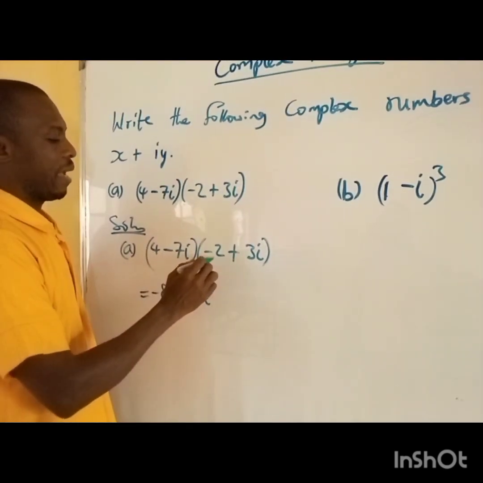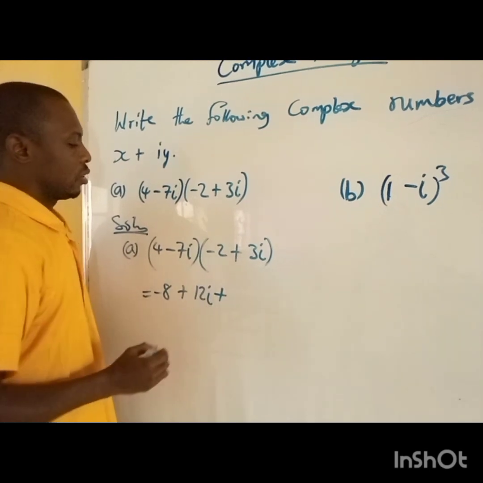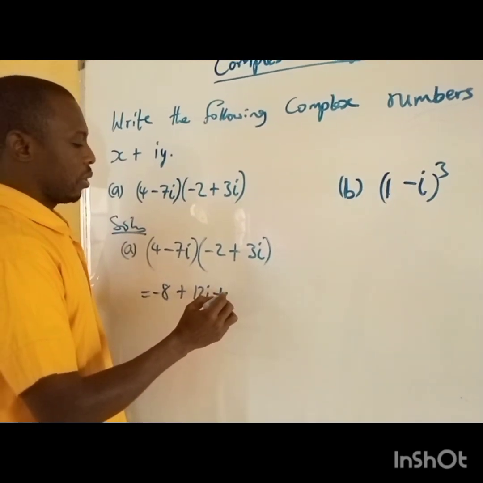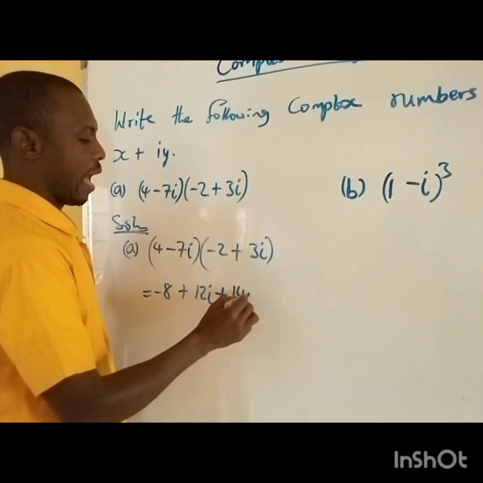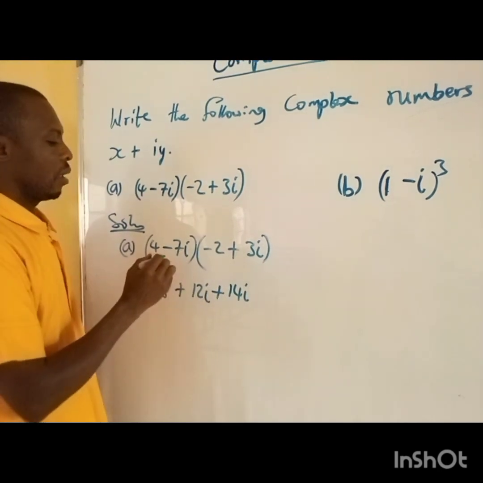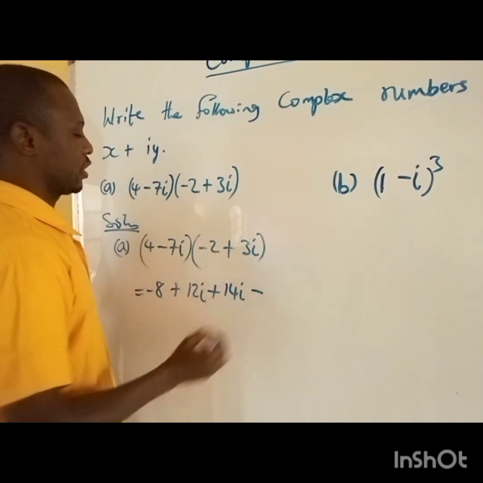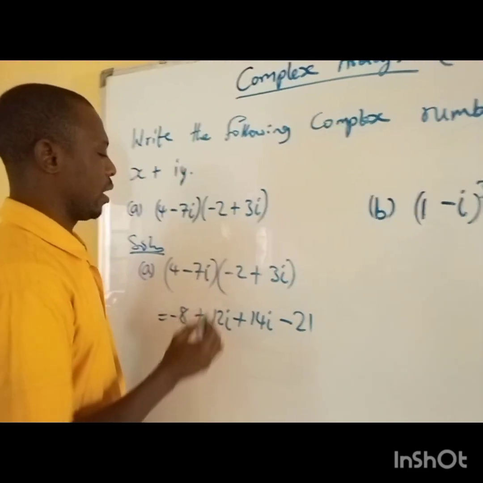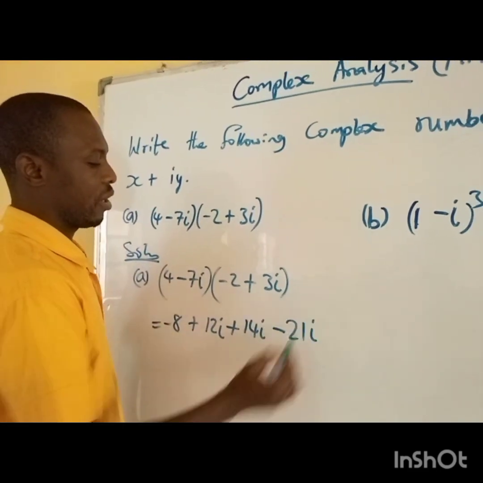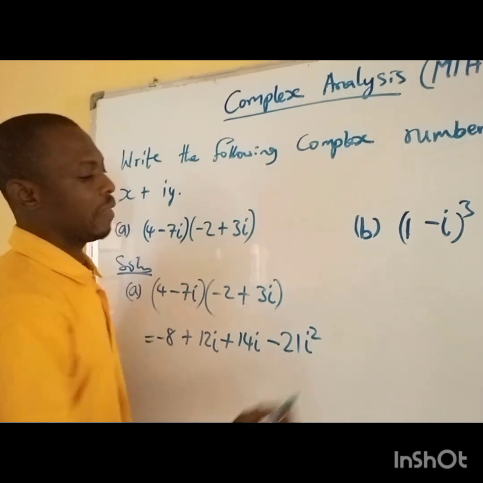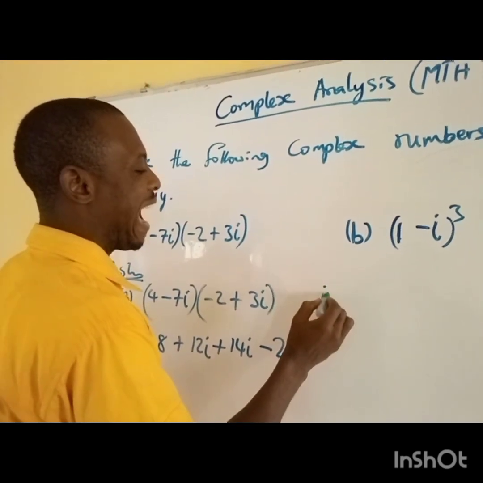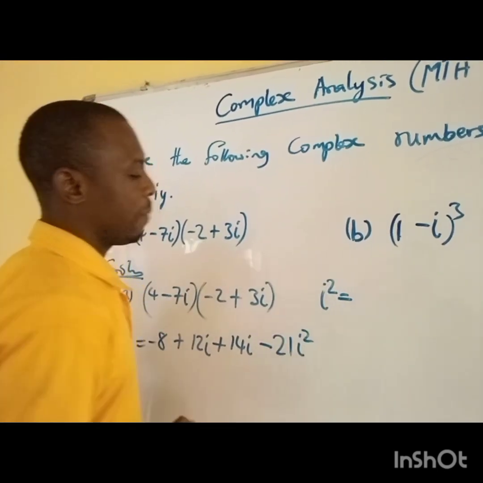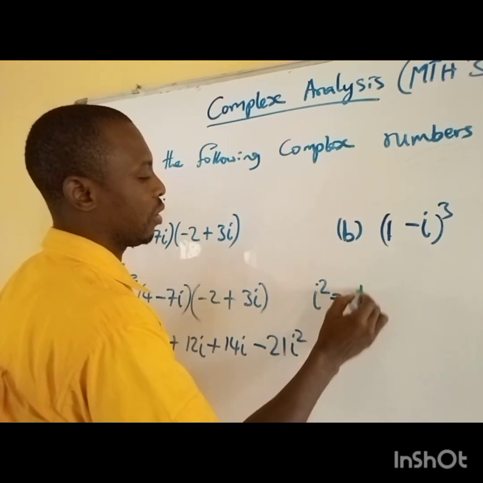Minus 7 times 2 gives us plus 14i. Minus times plus gives us minus. Minus 7 times 3 gives us 21. i times i gives us i squared. Now every time you see i squared in mathematics is equal to minus 1.